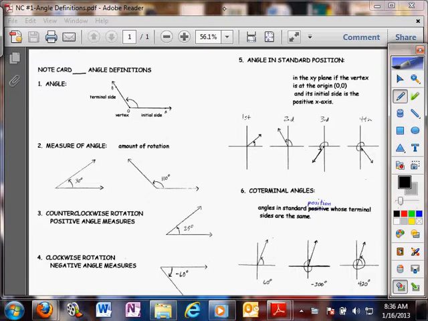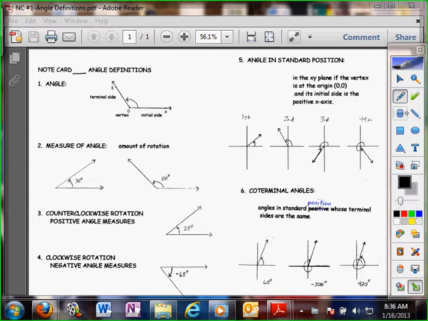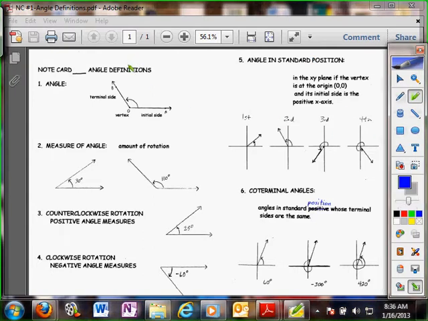our angles, for the most part, on the coordinate plane.